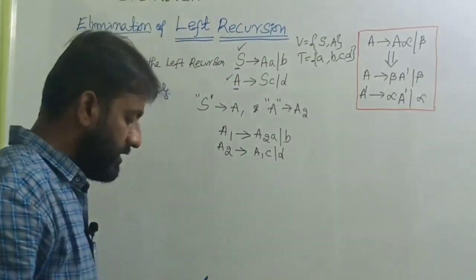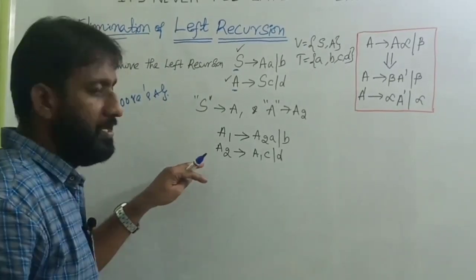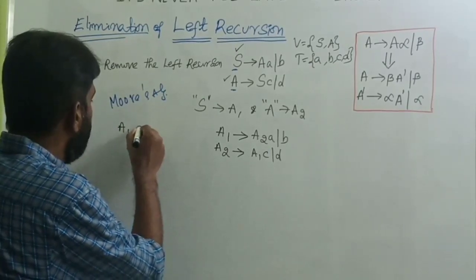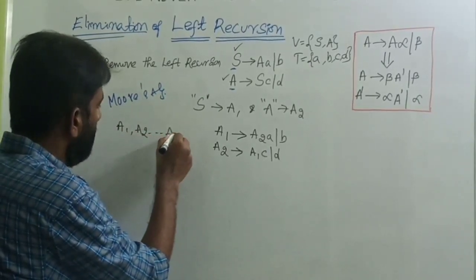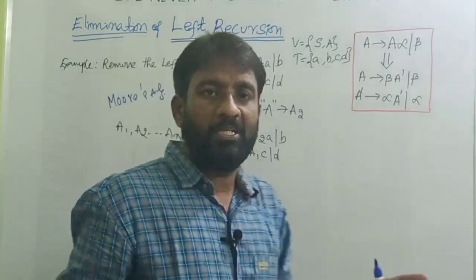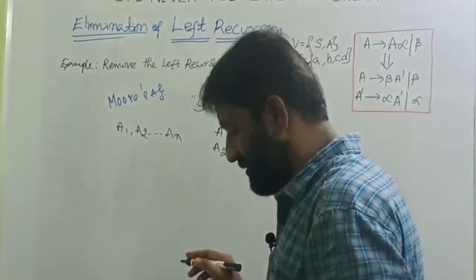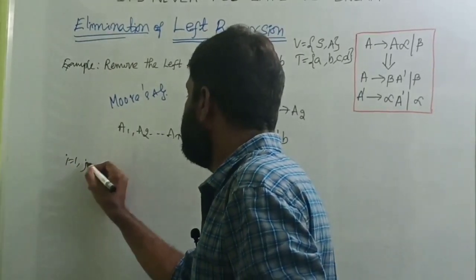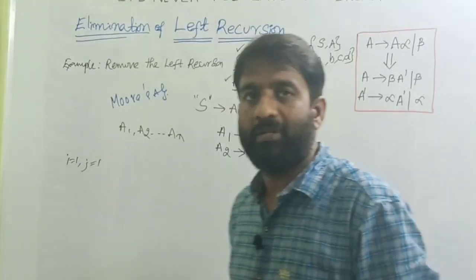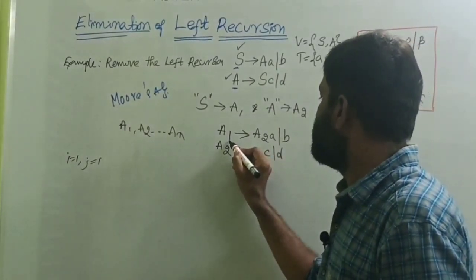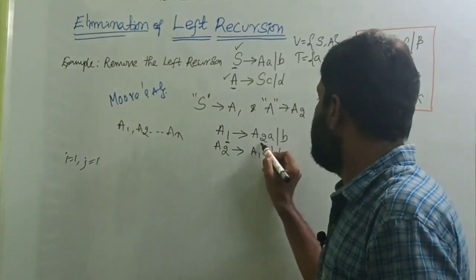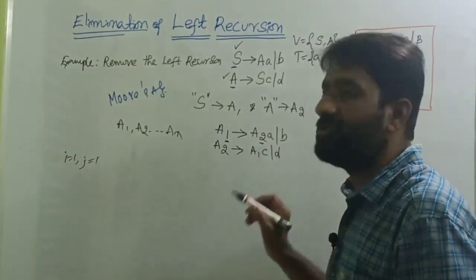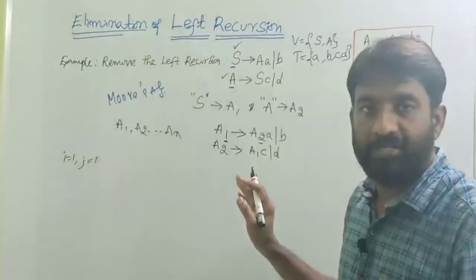According to Moore's algorithm, you arrange the variables in some order. That order is A1, A2, and so on up to An. What is his suggestion? If you take i equals 1, j equals 1, he is asking i equals 1, j equals 1, but here it is i equals 1, j equals 2 only.